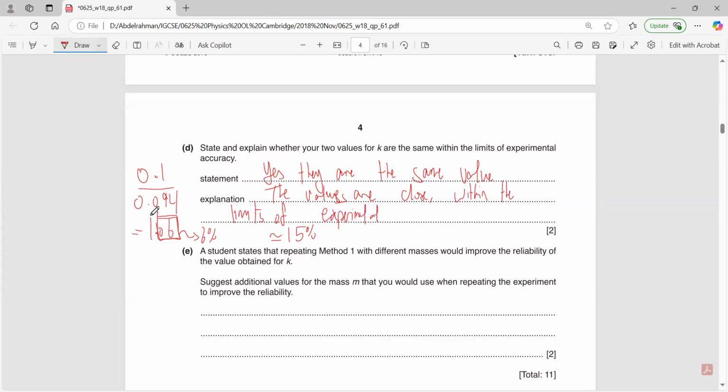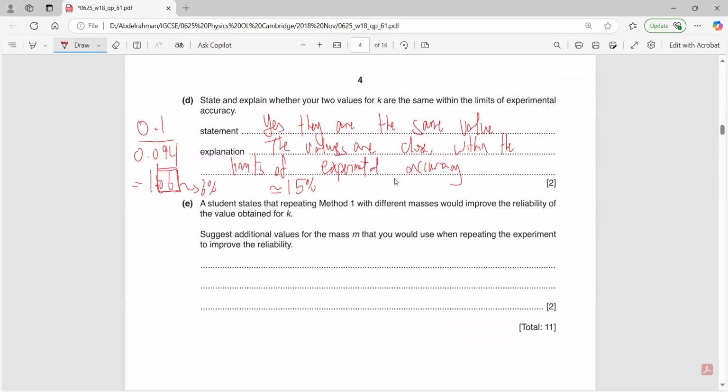Why? Because the percentage is less than 15%. If it's less than 15%, then it is acceptable.